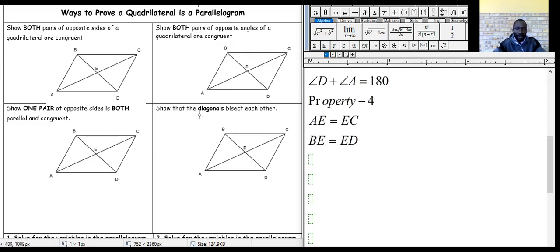Show that the diagonals bisect each other, that BE equals ED and that AE equals EC. Basically, what we are supposed to do in this section is ways to prove a quadrilateral is a parallelogram.